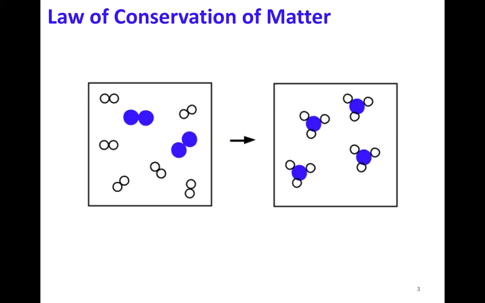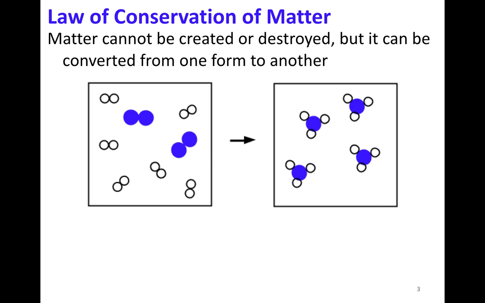So now let's define what the law of conservation of matter is. Matter can't be created or destroyed, but it can be converted from one form into another. So here's a little pictograph of that. I have a bunch of blue dots and a bunch of black circles, and something happens and now they look like this.